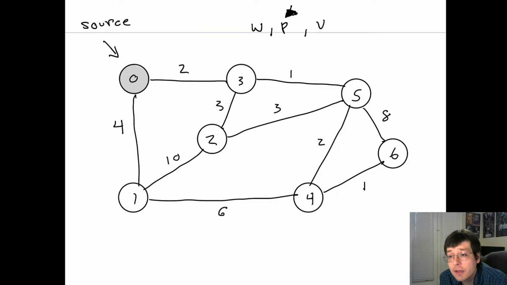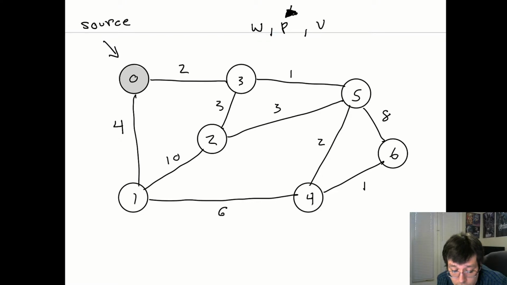The reason I put it with numbers and not letters is because I want you to get used to it being numbers, because when you're coding this, you're going to be using numbers because you have to identify the vertices by a unique identifier. So it's easier just to get comfortable with that. Okay, so in this case, we have two edges that are going out of 0. And that's the 0 to 3 edge and the 0 to 1 edge, okay?